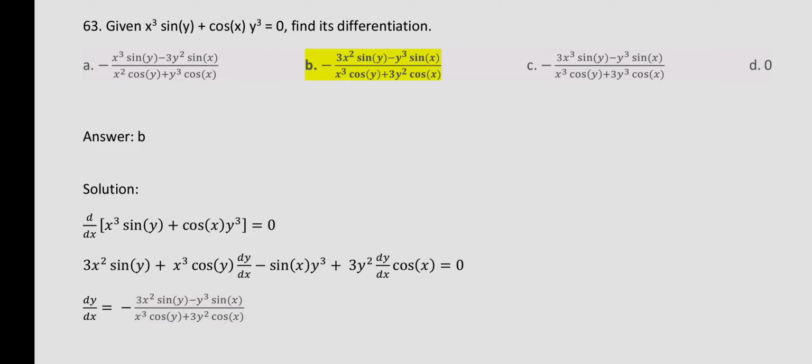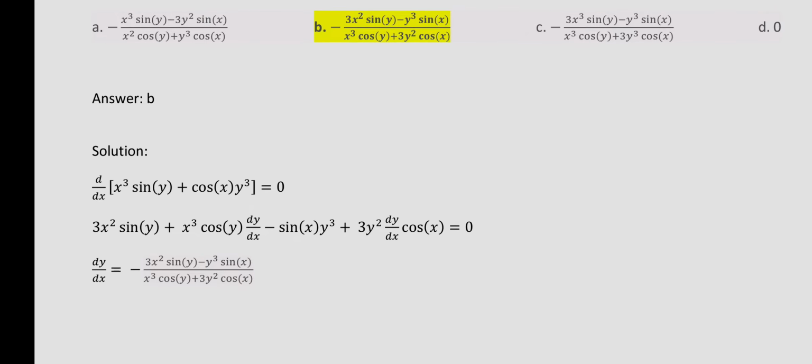Solution for this, again, distribute mo yung ddx sa lahat ng terms sa equation mo. Magiging 3x squared sin y, okay? Kasi na-distribute yung ddx sa x cubed sin y mo, plus x cubed cosine y. Okay? Una mong i-derivative dyan yung x cubed, tapos pangalawa is yung sin y.